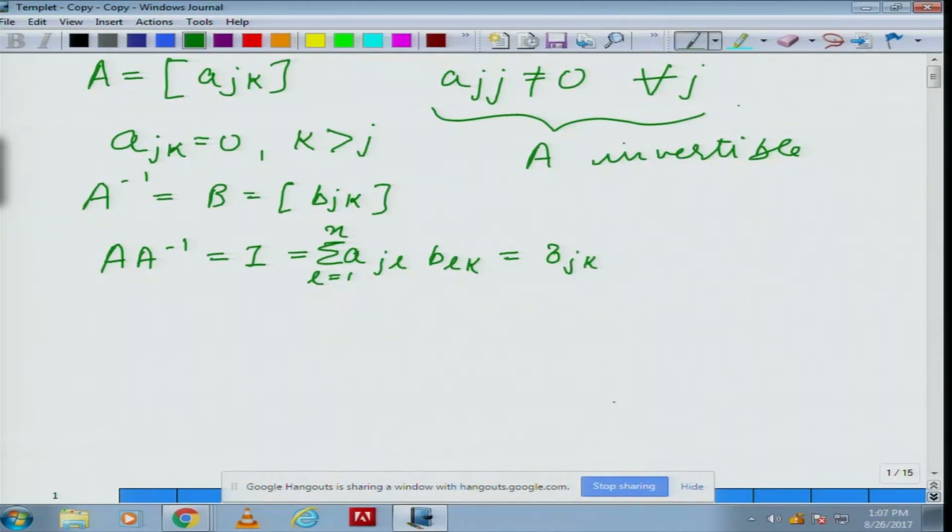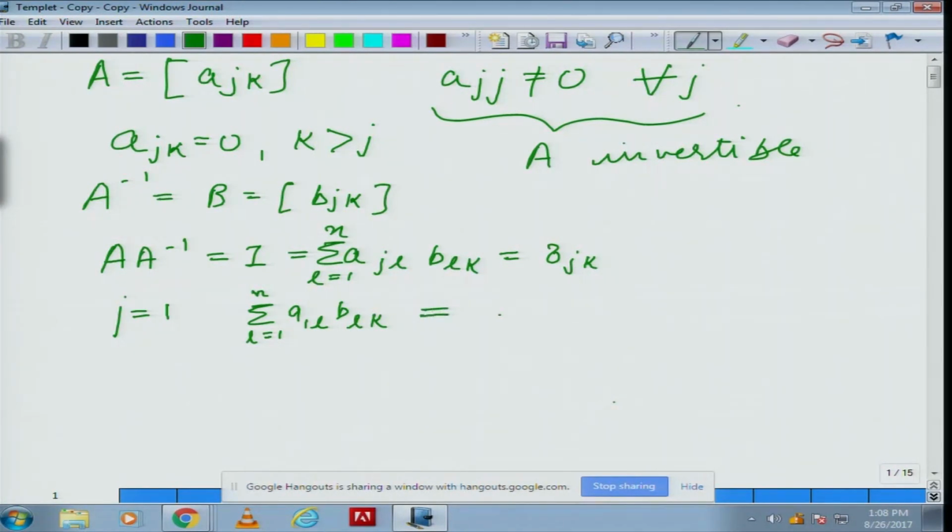So for the first element, that is for J equal to 1, we'll have sigma A1L BLK for L going from 1 to N.